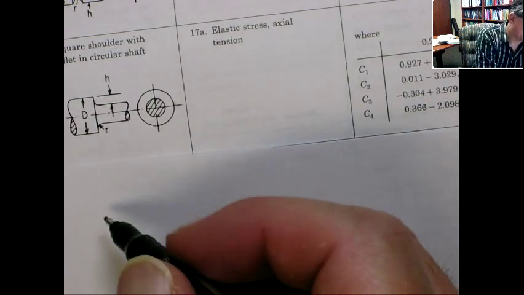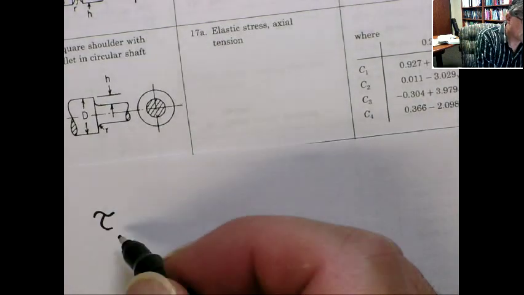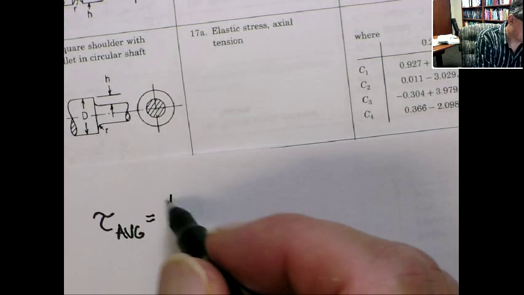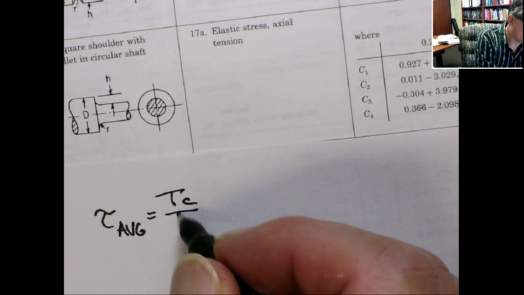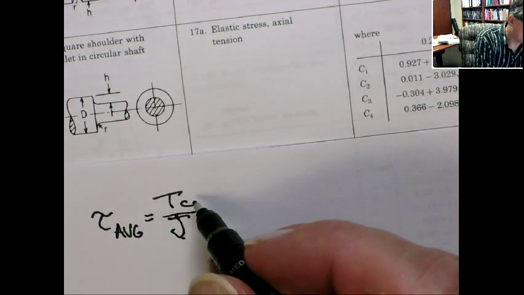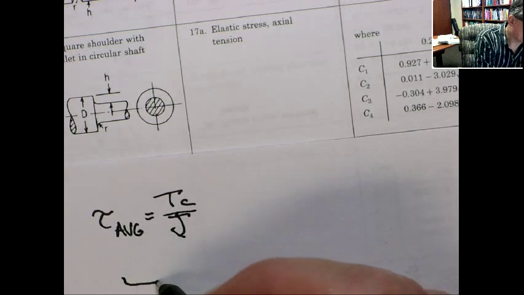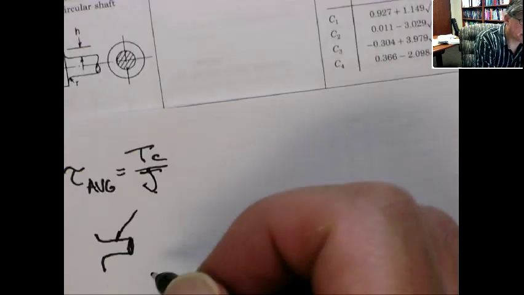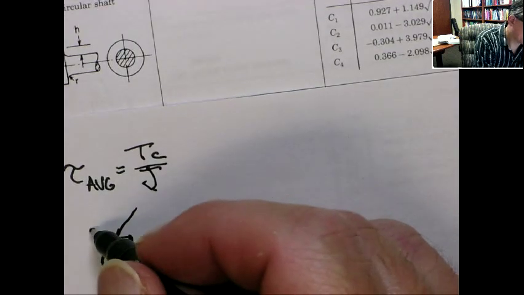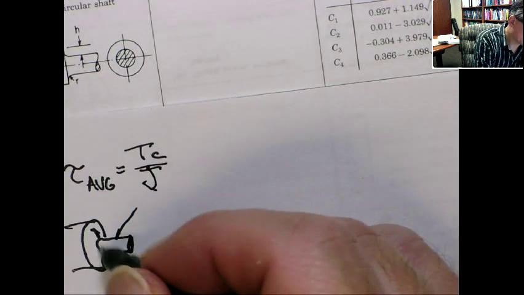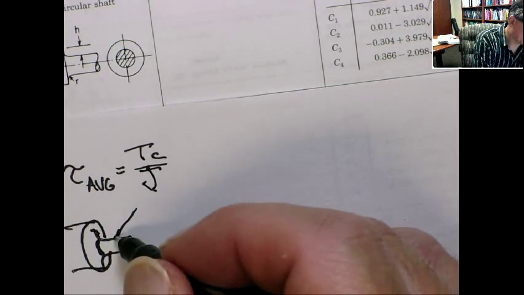So for this case, the average stress is going to be the TC over J, where J and C are the ones computed at this reduced area, right? It's the one you see at this reduced area, not the bigger one.